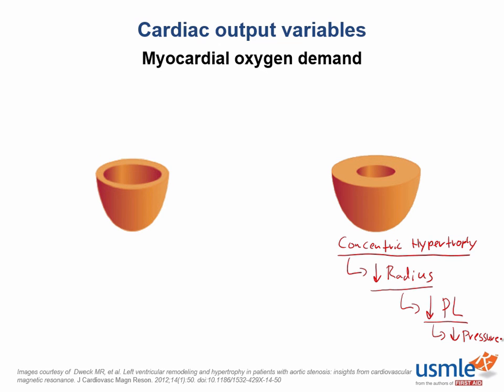So if we look back at our equation, where wall stress equals pressure times radius divided by 2 times the wall thickness, by adding thickness to the myocardium, we have increased the denominator as well as decreased the radius of the chamber because of the thickened wall. The end result here is a drop in the wall stress.